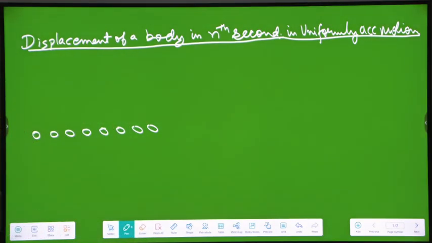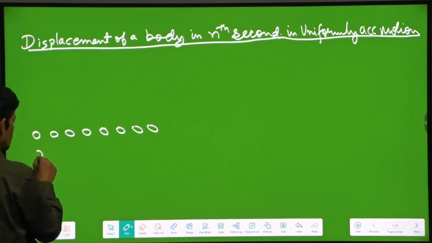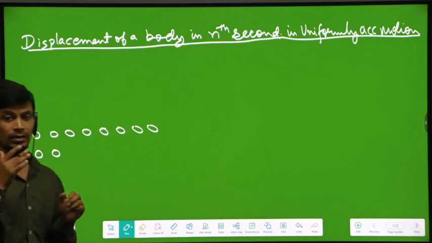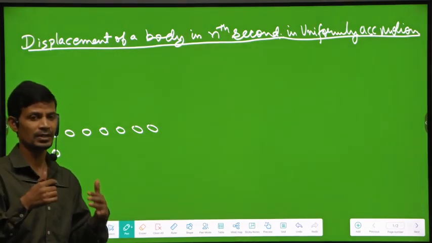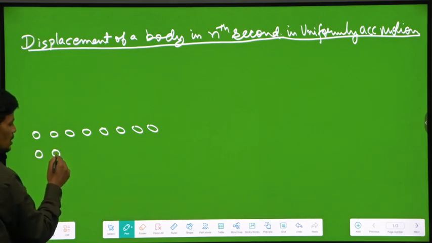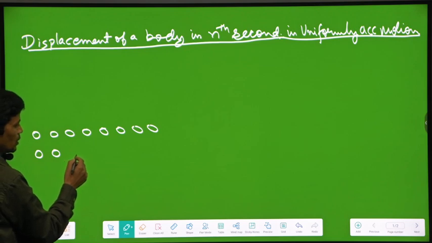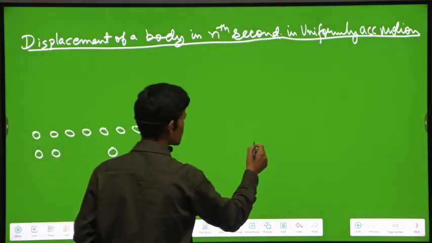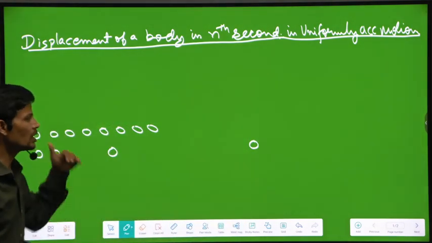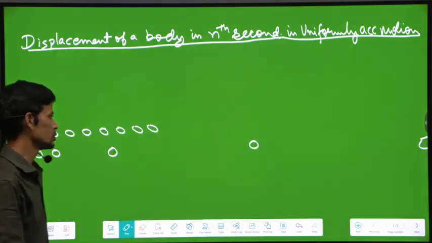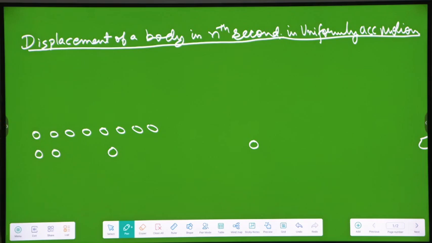Now let us suppose the same object moves with some acceleration. Then in the next instant it would not be here. It would be somewhere here, and in the next instant somewhere there, and after that maybe outside of the frame.